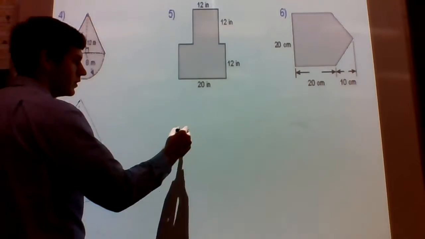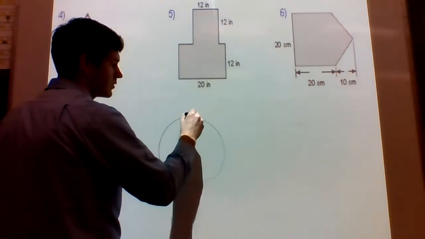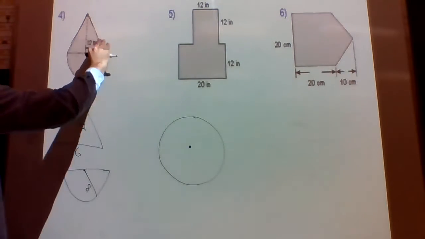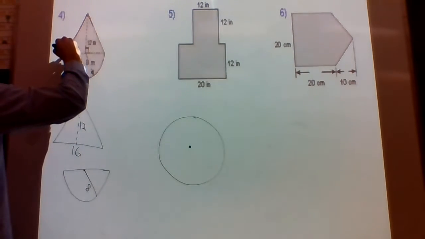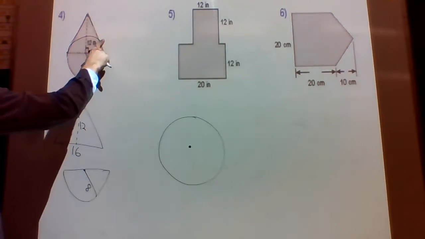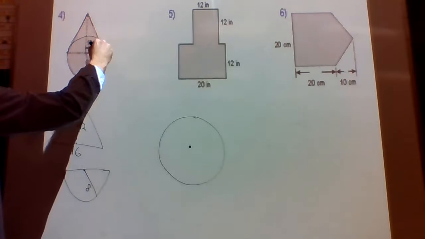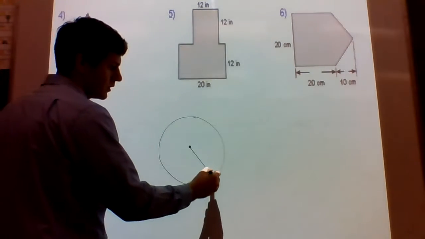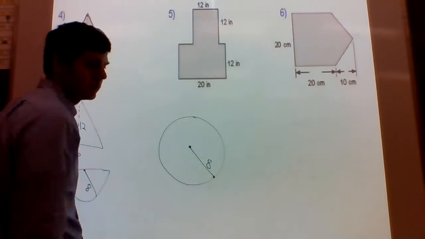Let me try to give it my best explanation. So we have a circle. If I were to draw the circle in, it would look something like this. Not perfectly like that, but something like that. We know the radius of this circle is 8.